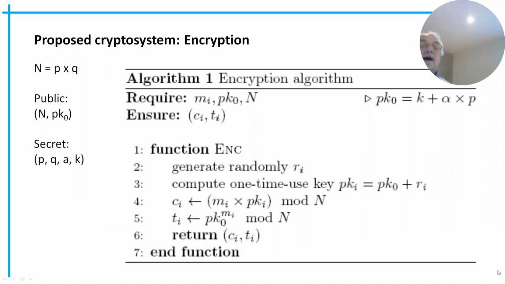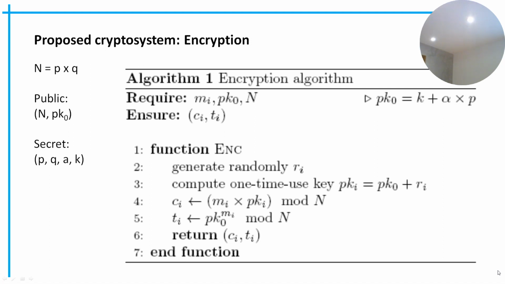And as we see, Ti is PK0 to the Mi modulo N, where N is P times Q. So the receiver does not know PK. He uses PK0, constant and known to everybody, to verify the integrity of the message M.